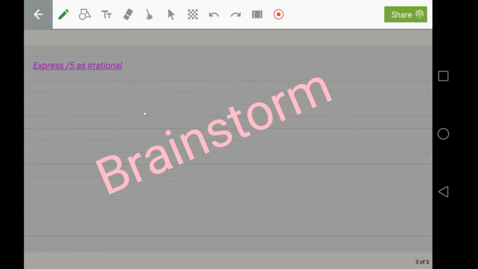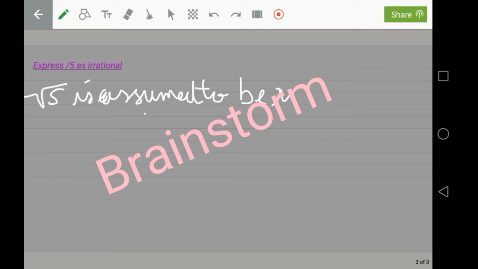Now let's come to the second question: prove root 5 is irrational. What we did with root 2 has to be done with root 5 here. We first write that root 5 is assumed to be rational.